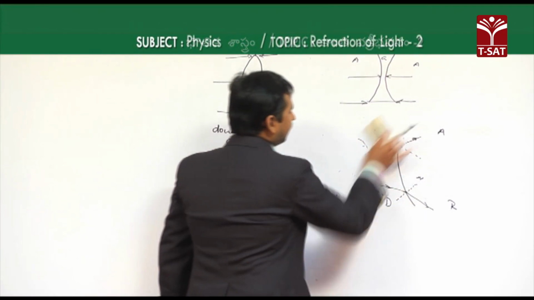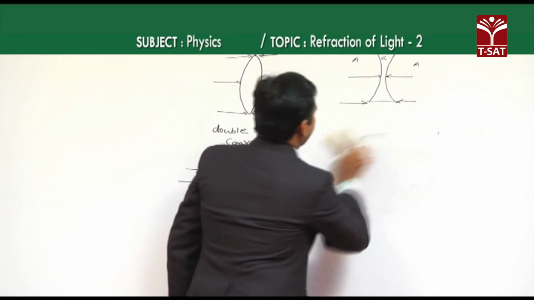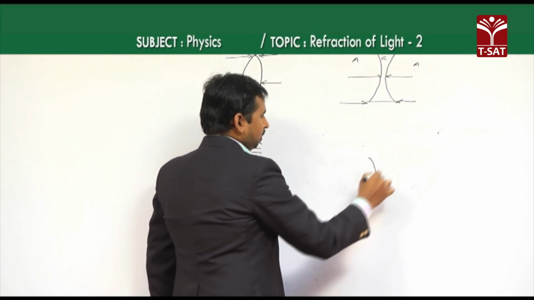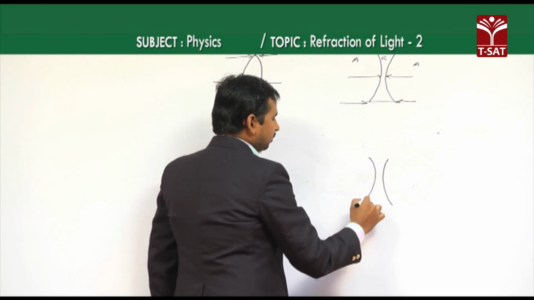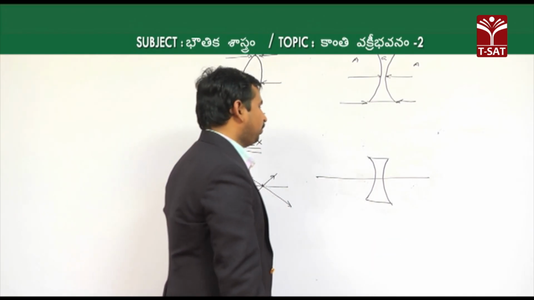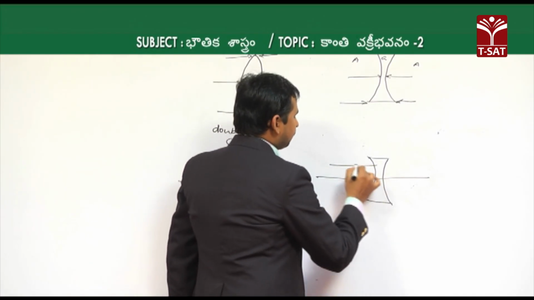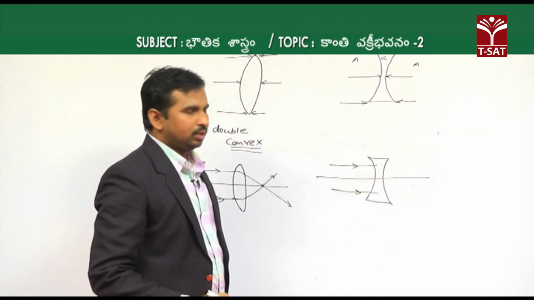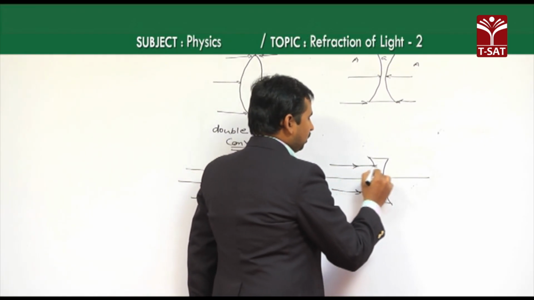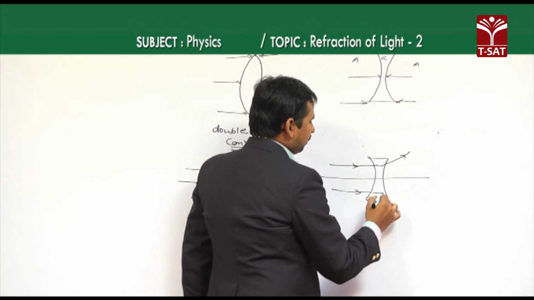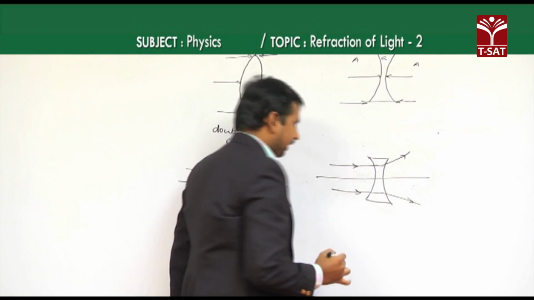So if you draw the diagram, then it appears to be like this. A double concave lens, and here now we are taking two parallel light rays, one coming from the top, one from the bottom. After refraction, now the light ray is moving away there, first case, and second case now going away here like this.